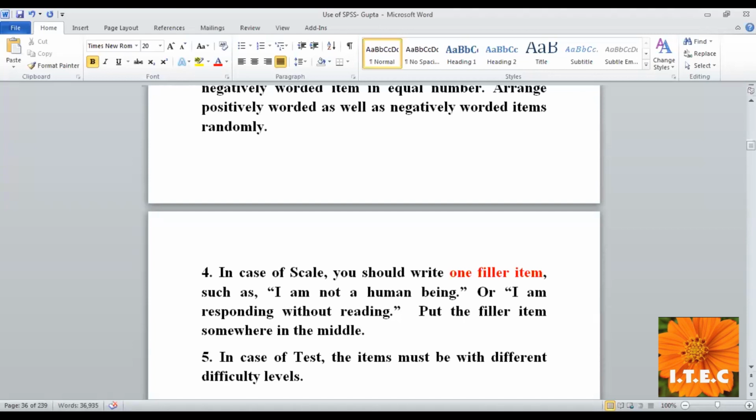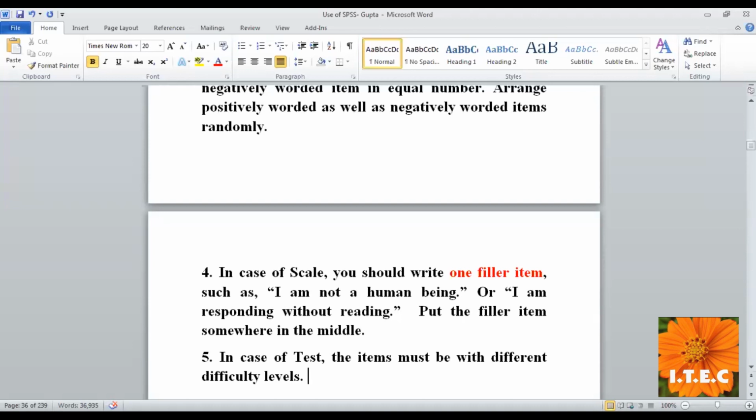You cannot arrange all items which are easy. You cannot take all items which are difficult. No, you have to take some items which are easy, some items which are difficult.